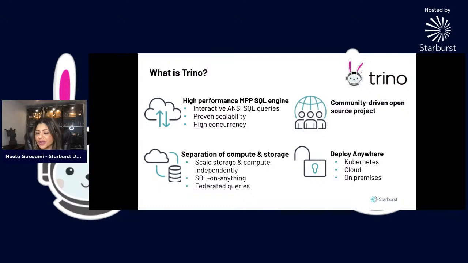But it was created to empower analytics anywhere. And with proven scalability and high concurrency, users can combine analytical data sources, whether they're on-prem, in the cloud or multi-cloud, whether it's a data lake or a data warehouse, separating compute and storage functionalities. So that's a big one.